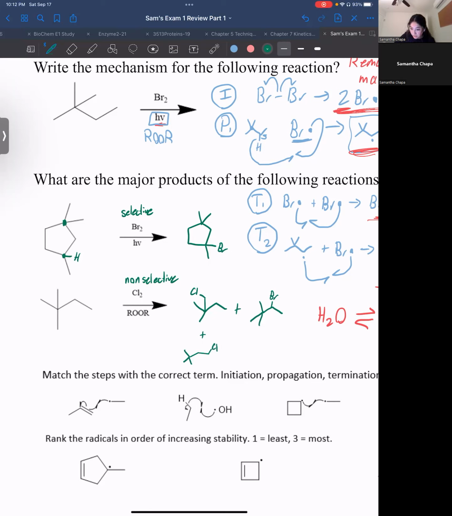Remember not to drop any of your carbons. This one looks kind of confusing, but it's 1, 2, 3, 4, 5, 6. 1, 2, 3, 4, 5, 6. Make sure that it's like that for all of them. And then I also see that people want to draw something like this. So draw the whole thing, and they want to put the chlorine on another carbon like this.